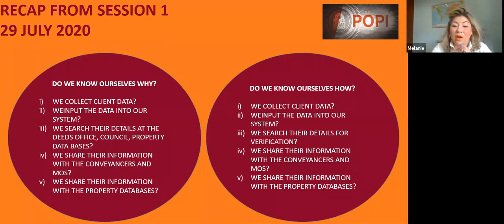So we need to know how we are sharing clients' information, not only with conveyancers and MOs, but generally. And do we know how we share the information with the property databases? A good example here is collecting your seller's details and the property details on a mandate, perhaps a new mandate that you've just signed. You share that information by typing it into Property 24. So you need to consider all the ways in which you collect, process, and share, and you need to make a summary of that in your gap analysis.